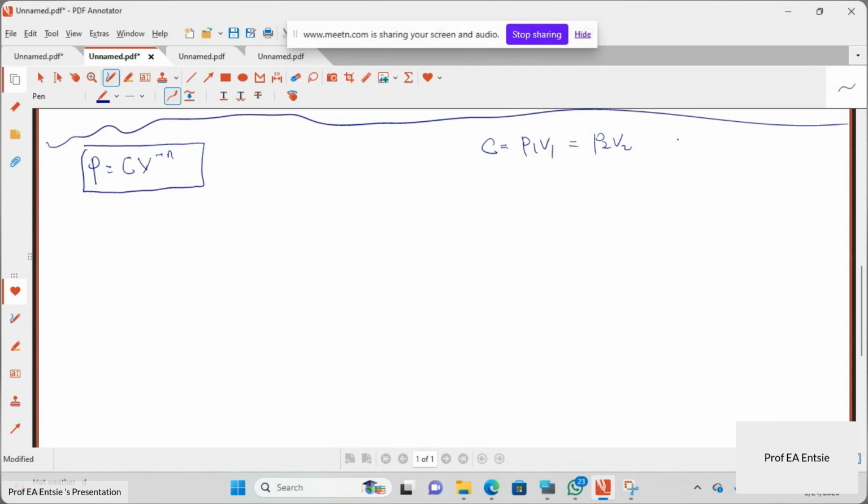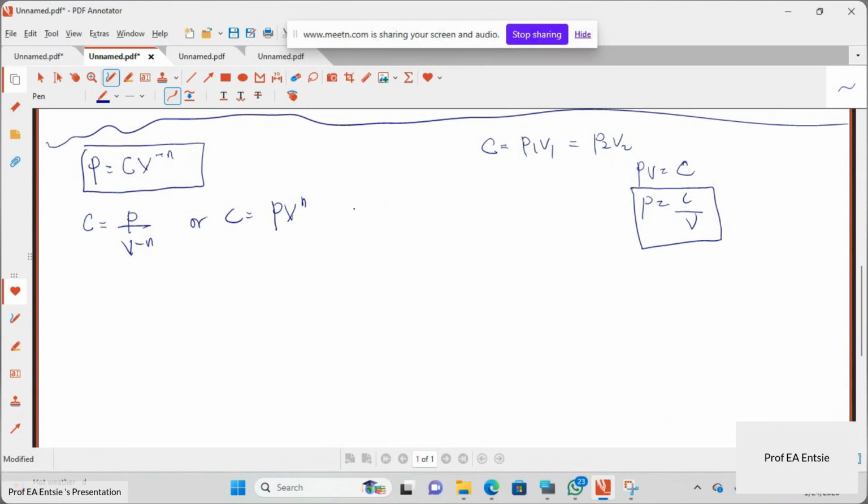But what is the expression of pressure for isothermal compression? That one is PV equals C. So P is C over V. This is isothermal compression. So now with this, I can make C the subject and say C will be P over V raised to the power negative n, or C is equal to P V raised to the power n.